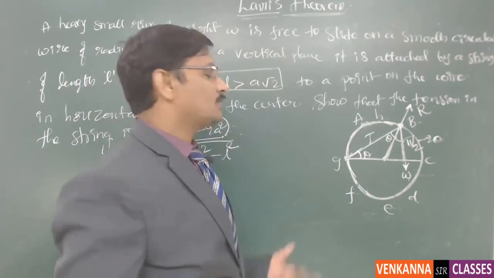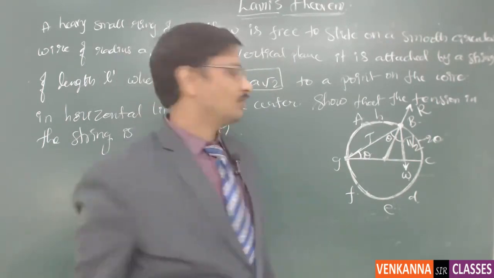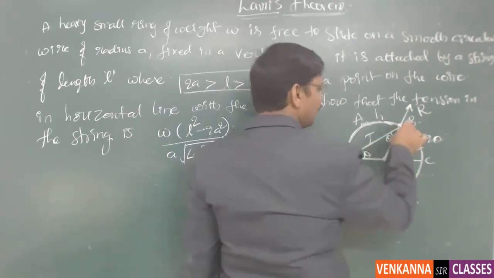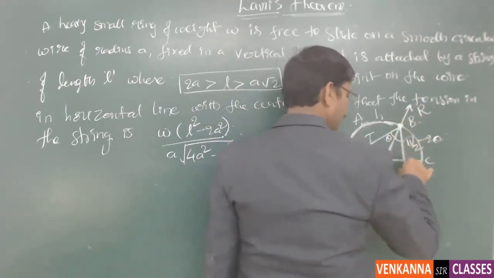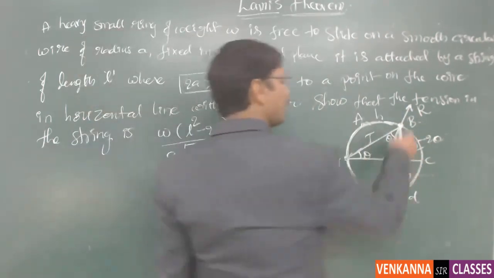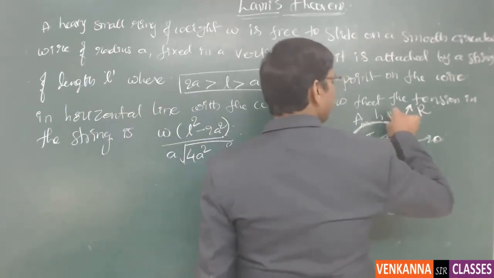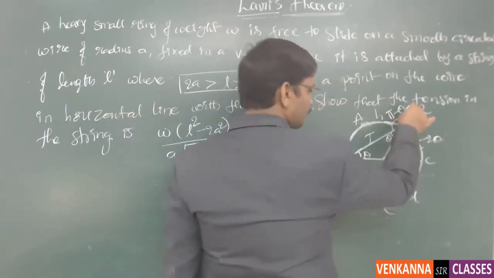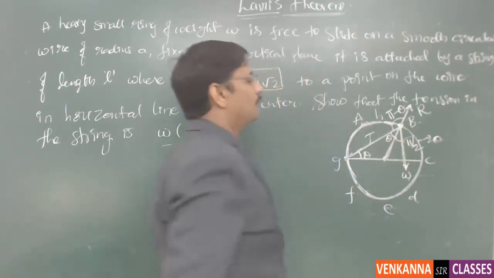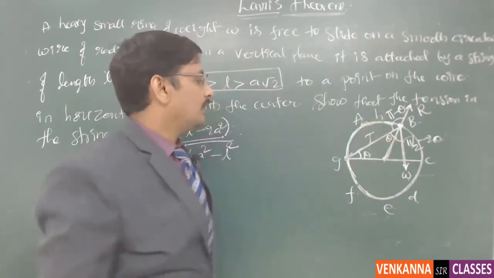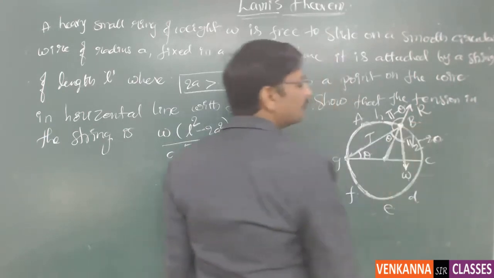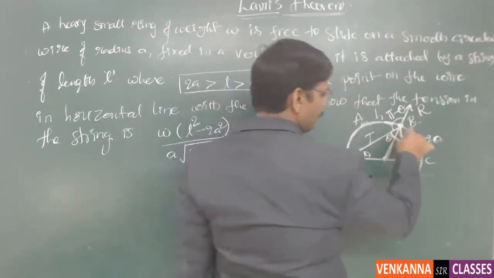Now as per Lami's theorem we need three different angles. There are three different forces: one is the tension in this particular string, this is the reaction, and this is the weight. Between all three forces, we need to identify three angles. This angle is pi by 2 minus theta, because this is a straight line, it will make 90 degrees, and from the straight line there is a theta left over. And then the angle between this one, this entire angle, is pi by 2 minus theta.